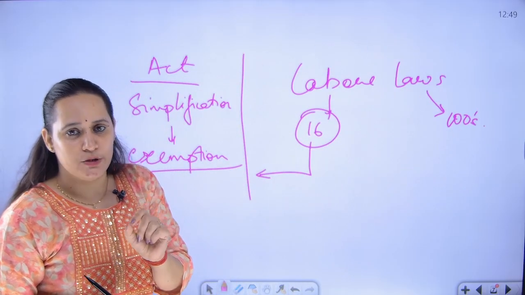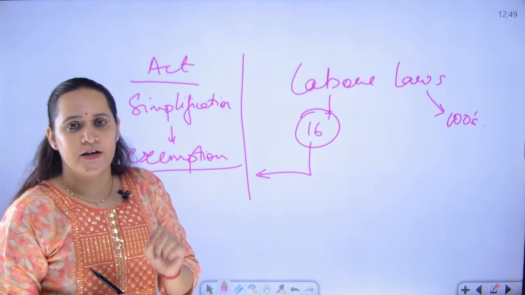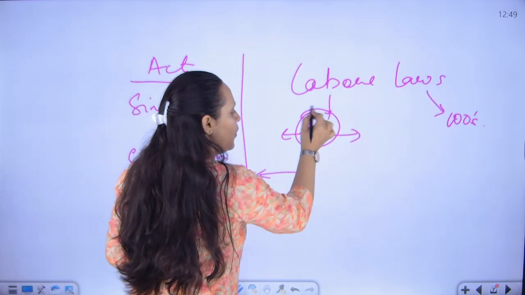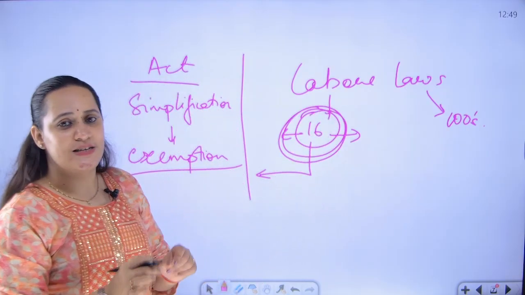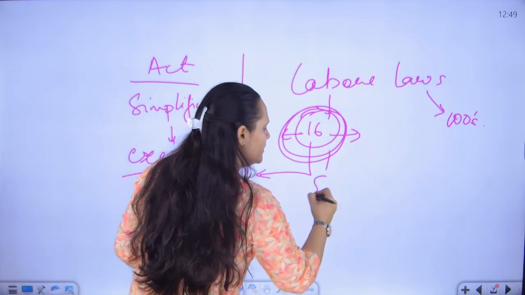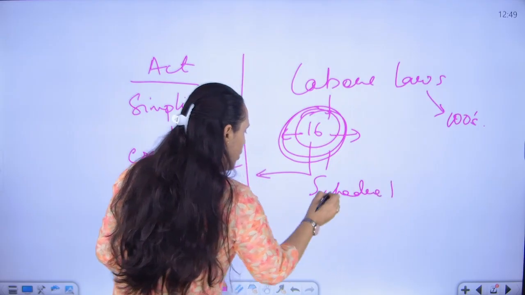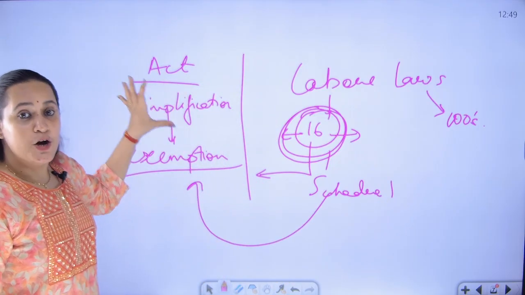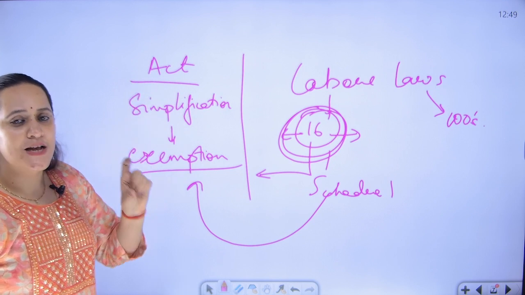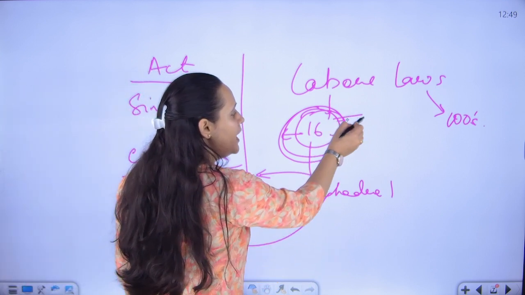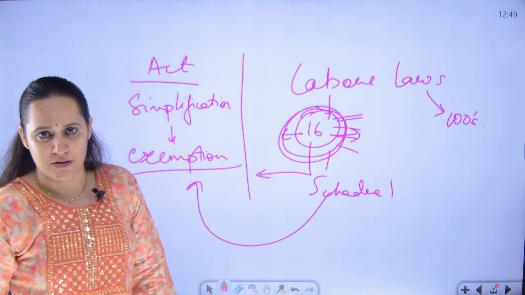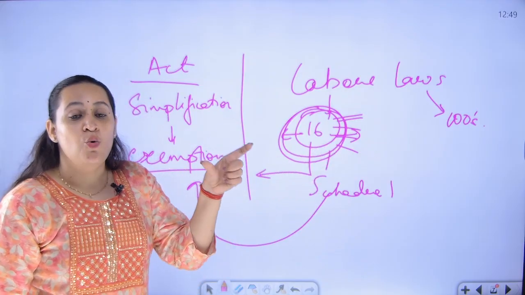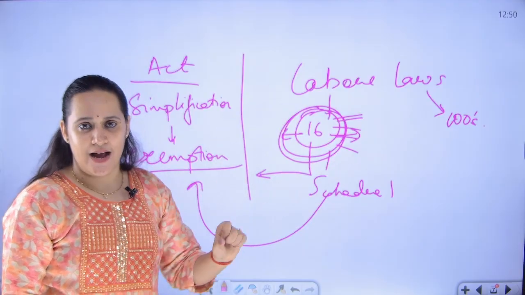We are going to get exemption from the applicability of certain provisions of the laws provided under only these specific 16 enactments which are provided under Schedule 1 of this particular enactment. So who is an employer for this act totally depends upon what definition has been given to the term employer under these specific enactments. For example, Factories Act is one of the enactments. So who is an employer under Factories Act?